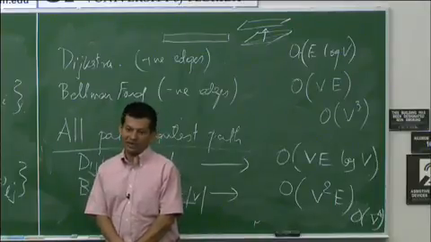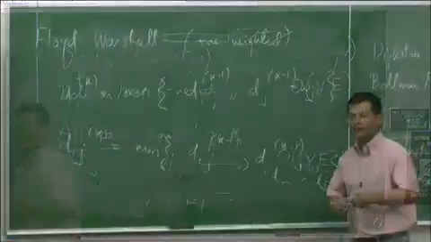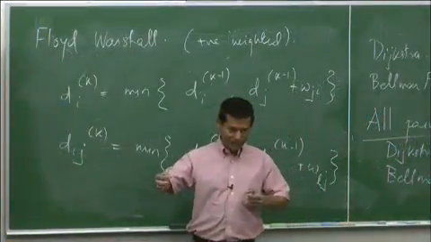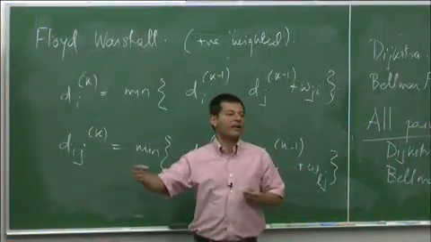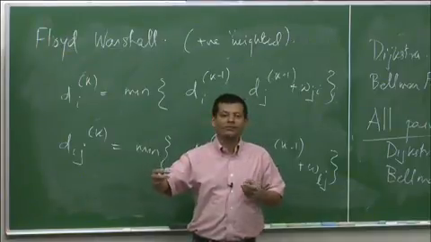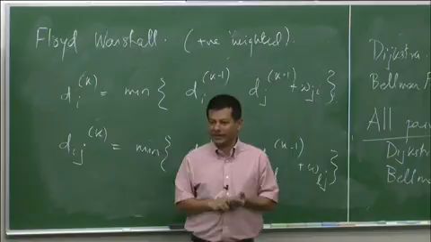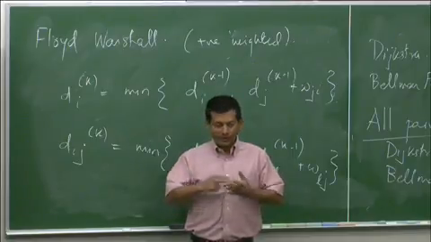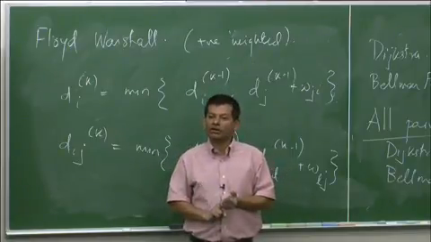Floyd-Warshall uses the following index. It says, instead of seeing for all pairs the length of path being your index, consider the following very peculiar index. I will allow the lengths of path to be whatever you wish.